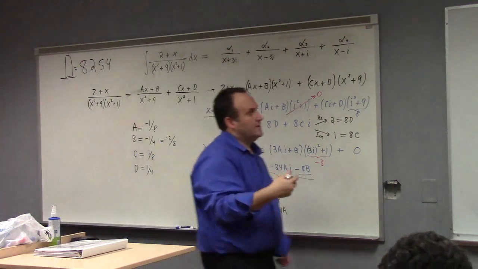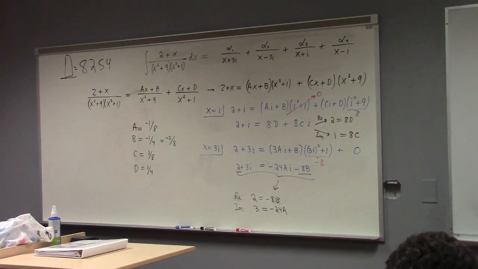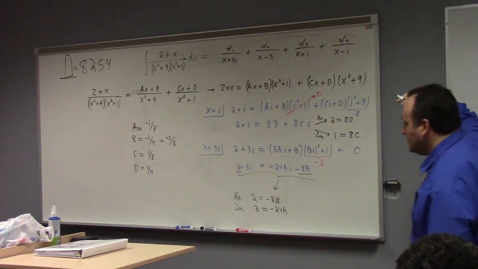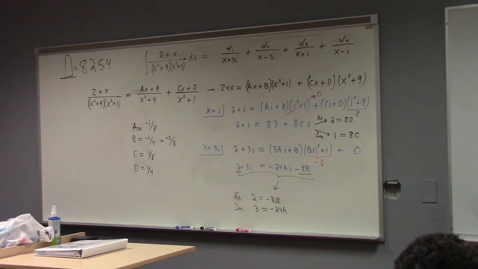So that makes minus x minus 2 over x squared plus 9, and then plus x plus 2 over x squared plus 1, all dx.